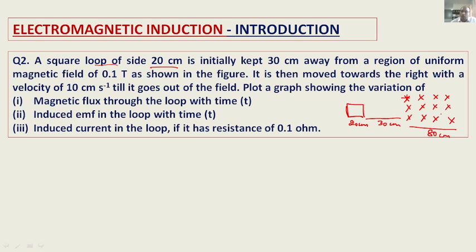We are not going to utilize that, but this is the uniform magnetic field of 0.1 Tesla as shown in the figure.